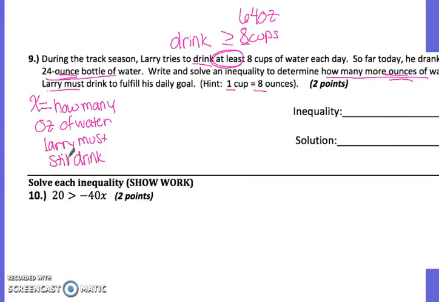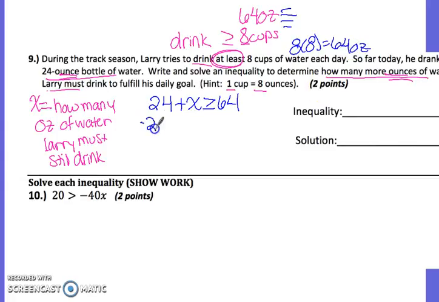And again, you know that what he drinks has to be greater than or equal to 64 ounces. He's already drank 24 ounces, plus what he has more to drink, and it has to be greater than or equal to 64. You must put this into ounces. You get that by 8 times 8 equals 64 ounces.